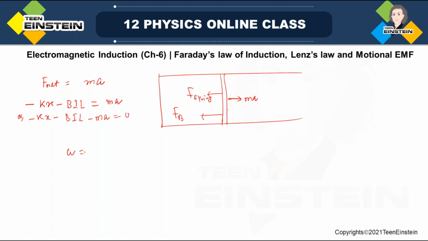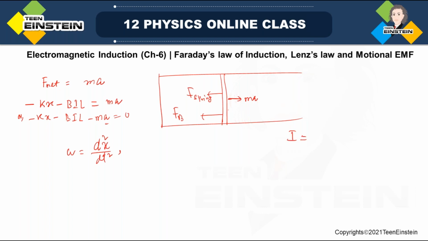See, acceleration is actually d2x by dt square. Okay, acceleration we can replace with that. Then see this I, the current can be found out.